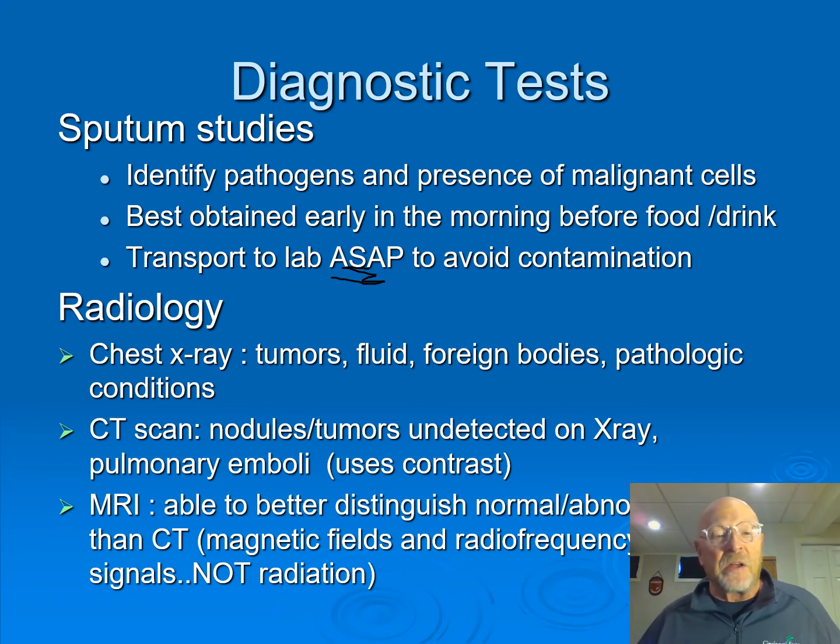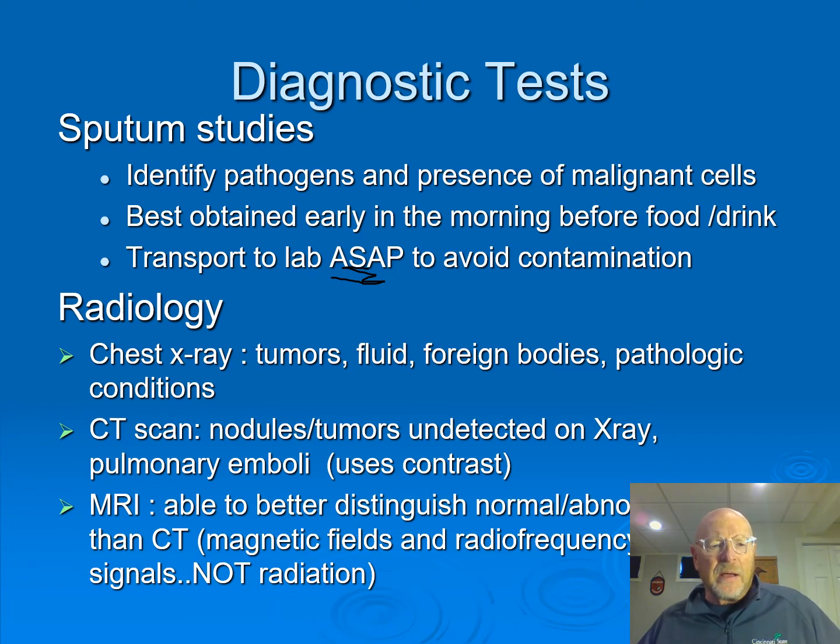Chest x-rays, another wonderful diagnostic tool, and probably the most ordered diagnostic procedure to determine respiratory issues. Chest x-rays can tell you if you have a mass. They can tell you if you have a foreign body, as it says here. It can determine if you have pleural effusion, pericardial effusion, pneumonia, atelectasis, all kinds of things.